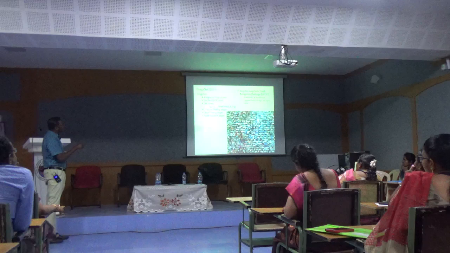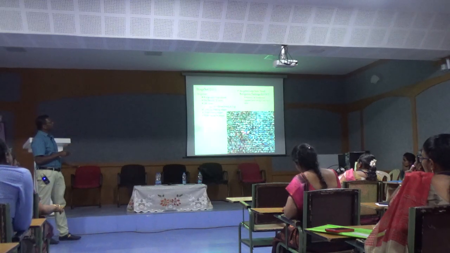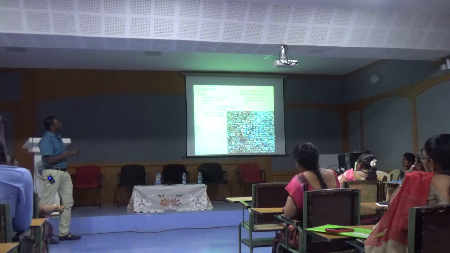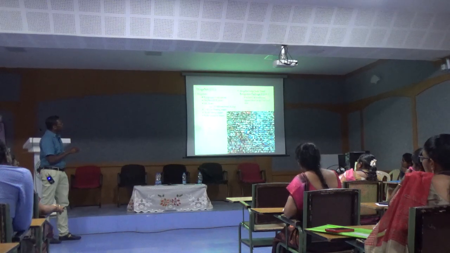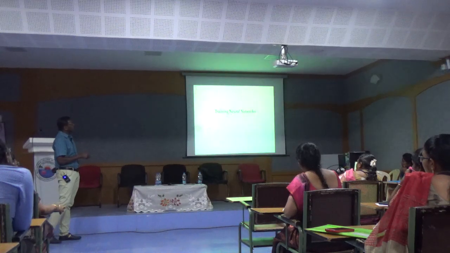That's why most of the pre-trained networks use ImageNet for training. The ImageNet Large Scale Visual Recognition Challenge, ILSVRC, happens every year, and the accuracy of the classification is reported based on top 1 or top 5 error.